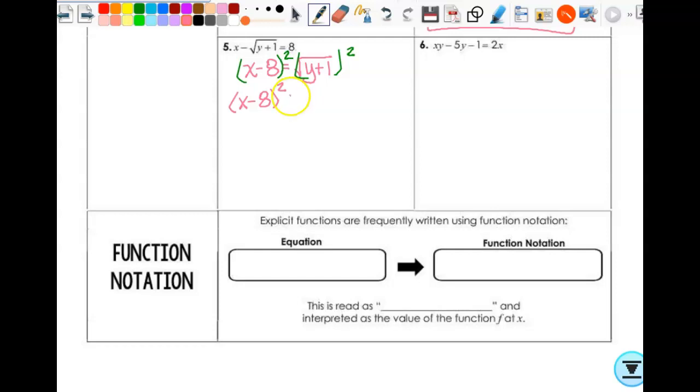All right, so then this equals just y plus 1. Then I need to subtract the 1, so I get x minus 8 squared minus 1 equals y. Can I do negative 8 minus 1? No. So I am done. And there's no reason for me to square that out.